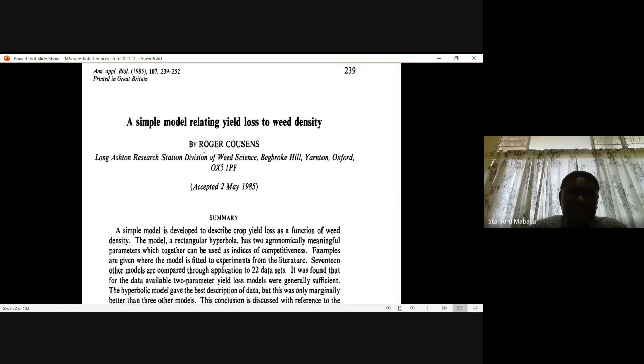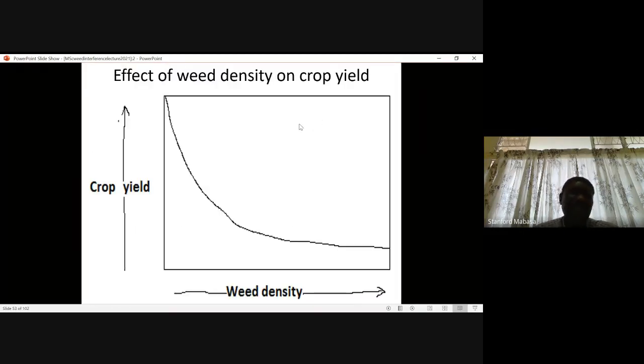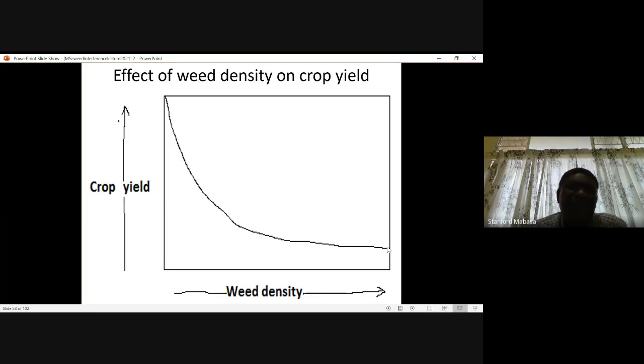Now, Roger Cousens, who wrote this paper, where he's talking about yield loss and weed density, he proposed that instead of getting a sigmoidal curve, the true situation when we have a weed density and crop yield, you get this sort of a curve. This is in contrast to Zimdahl, who proposed a sigmoidal curve.